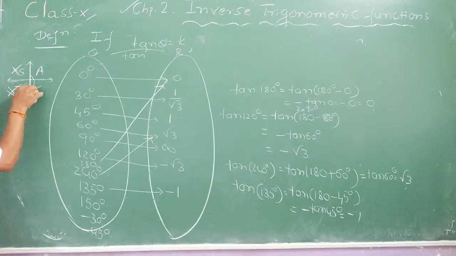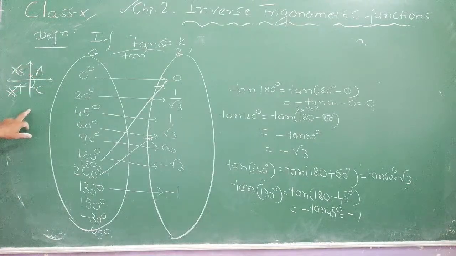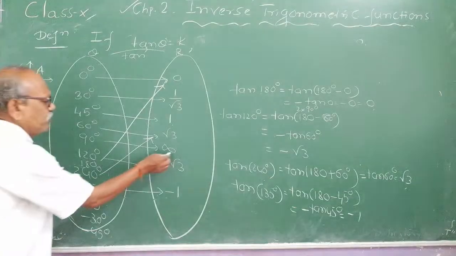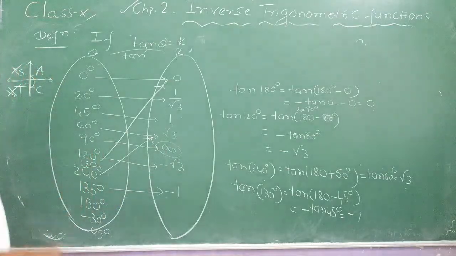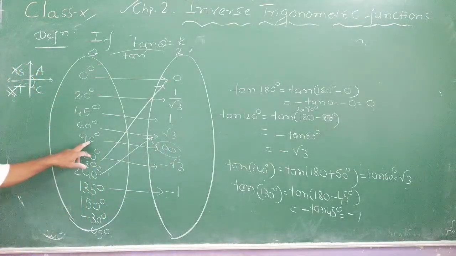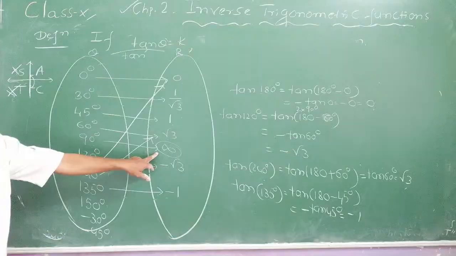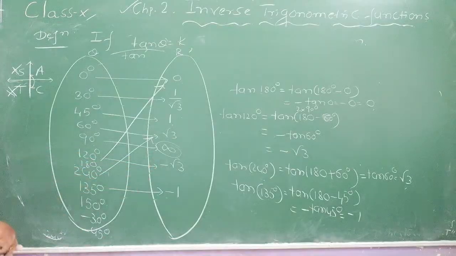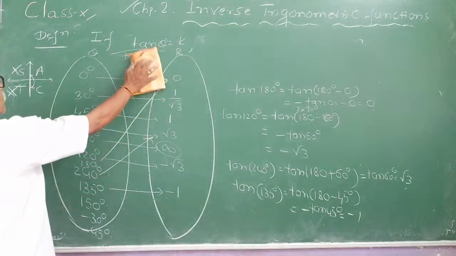Therefore, again you can define inverse tan function between minus pi by 2 to plus pi by 2. But it should not be equal to 90 degree. If it becomes 90 degree, the trigonometric function becomes undefined. You have tried the restrictions for it.